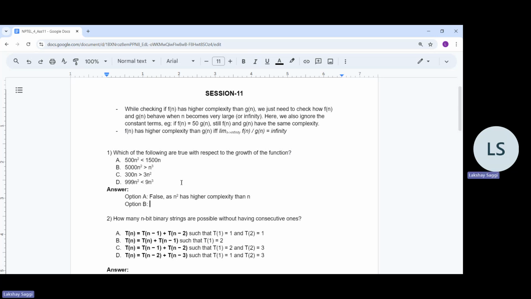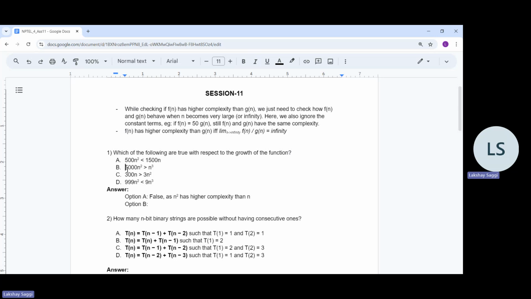Similarly, option B says 5000 n square is greater than n cube. Again, don't think of it as an inequality where you cancel n square from both sides to say 5000 is greater than n. Instead, this means that 5000 n square has a higher complexity than n cube.